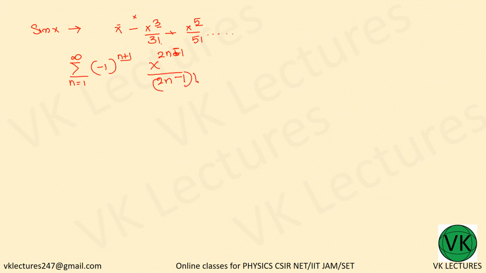This is factorial n, because we are starting from 1, right? So if n equal to 1, it should be 1, and 2 into 1 minus 1, that's why, and minus 1 whole to the power n plus 1. Fine.